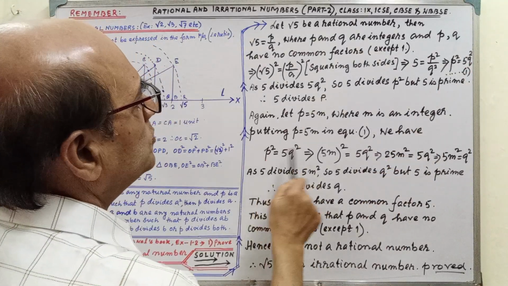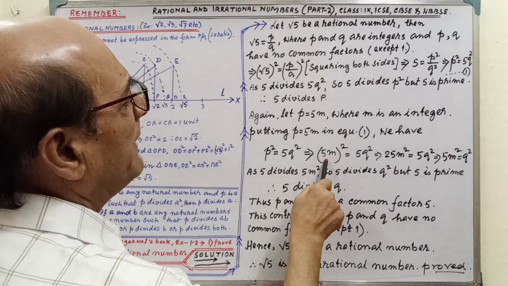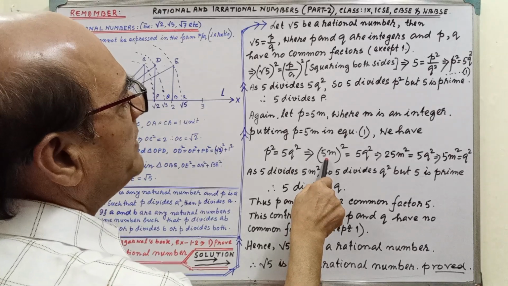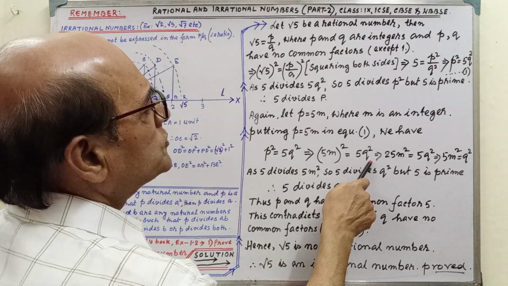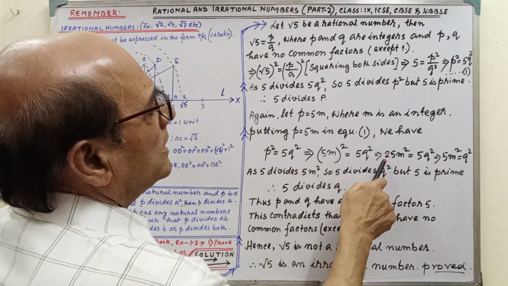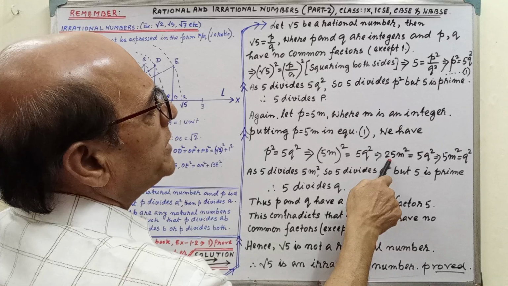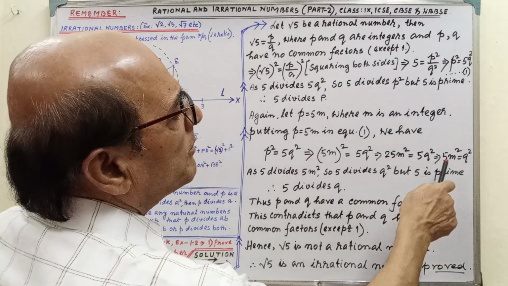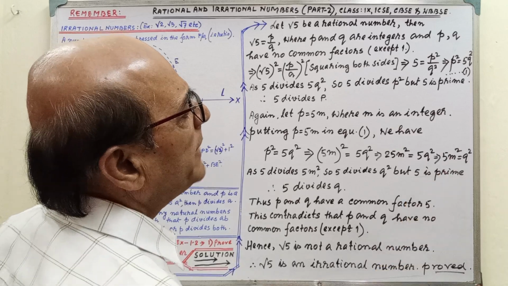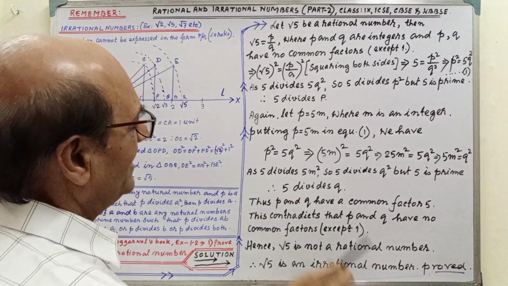In place of p, we are writing (5m) whole square, equal to 5q square. By simplifying, it is coming 25m square equal to 5q square. By simplifying, we are getting 5m square equal to q square.